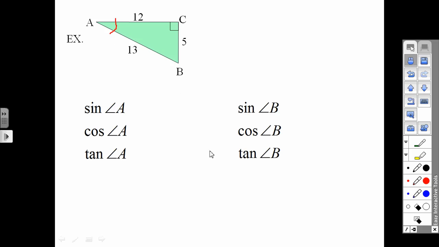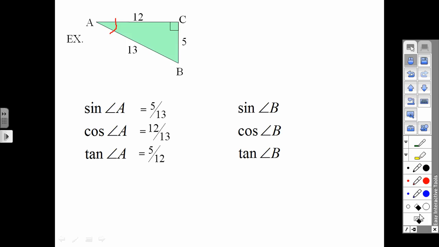So that means it's going to be 5 over 13. Then we do cosine of angle A. Cosine is going to be adjacent, which is 12, the side that helps make up angle A, over the hypotenuse, which is 13. And then for tangent, remember, it's opposite over adjacent. So that's going to be 5 over 12.